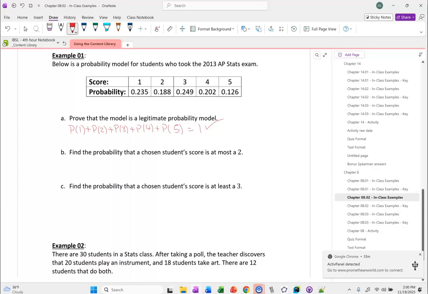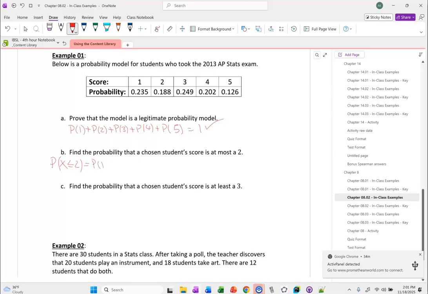Part B says find the probability that the chosen student's score is at most 2. What does at most mean? Less than or equal to. Good. So how do I do the probability that x is less than or equal to 2?